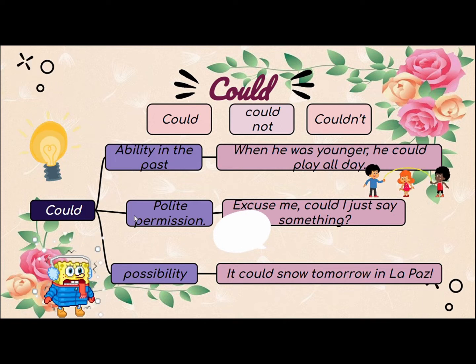We use this modal verb to express a polite permission. For example, excuse me, could I just say something? We also use this modal verb to express a possibility. For example, it could snow tomorrow in La Paz.